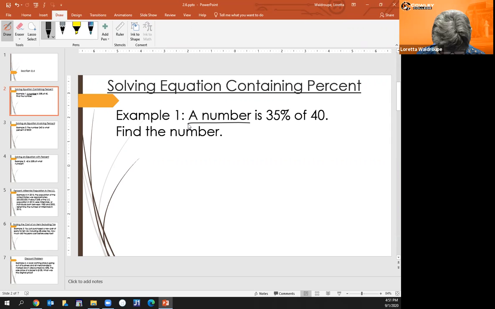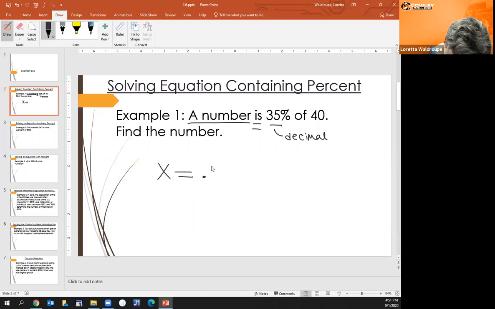I usually choose X. So X equals 35%, and you got to make sure to write the percent as a decimal, okay? You cannot write 35. To make 35% a decimal, remember you divide by 100 or move the decimal point to the left 2 places.